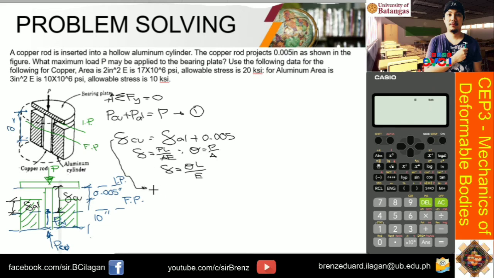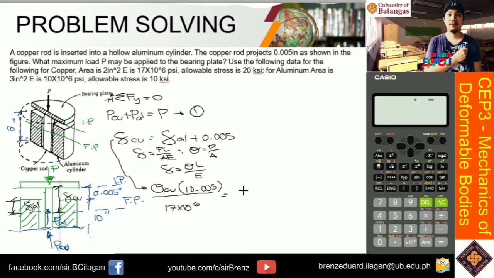Okay? So substitute lang natin dito. So our equation will be stress ni copper. So ano ba yung length ng copper rod natin? Nasaan nga si copper? Yun nasa gitna. So anong total height nito? So that will be 10.005 over E. So, ang E ni copper, given naman dito, so that is 17 times 10 to the 6 psi.